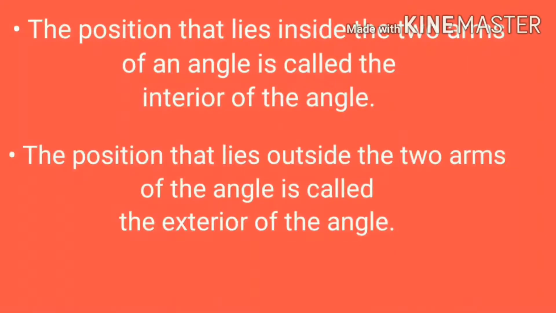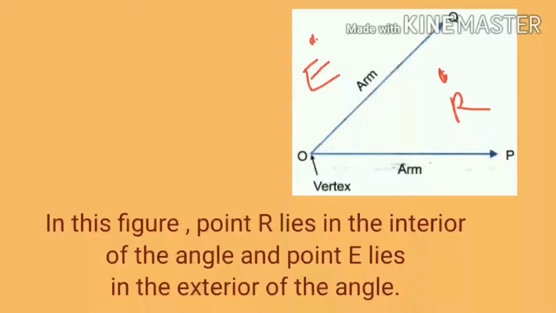Exterior of the angle: the portion that lies outside the two arms of the angle is called the exterior of the angle. In this adjoining figure, point R lies in the interior of the angle and point E lies in the exterior of the angle.